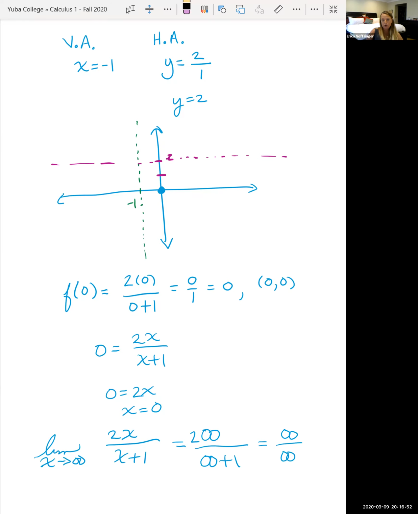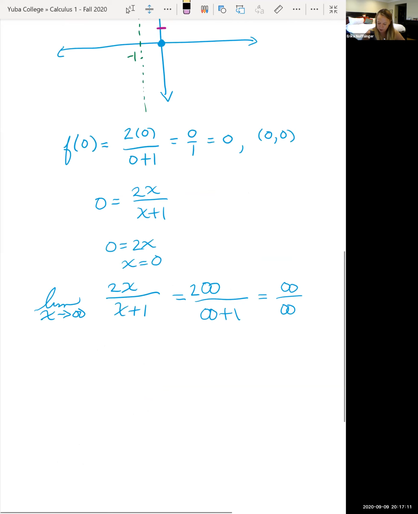When we got 0 over 0 before, that was an indeterminate form. That didn't tell us anything, and we didn't get anything from that limit. We had to go back and manipulate the function we were using to help something fall out so that we knew what was happening. So this is an indeterminate form here.